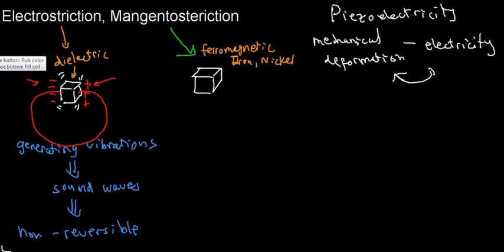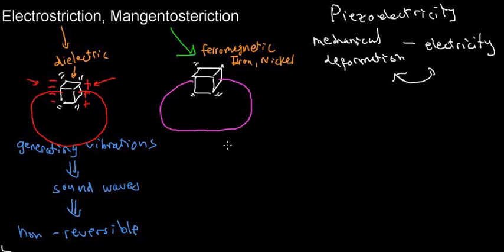Okay, so how does this work? You may very well have imagined that I have a magnetic field that I induce to it, and that magnetic field is going to cause this guy to vibrate, and I can use this to make an ultrasound. The nice thing about magnetostriction is that it is reversible.